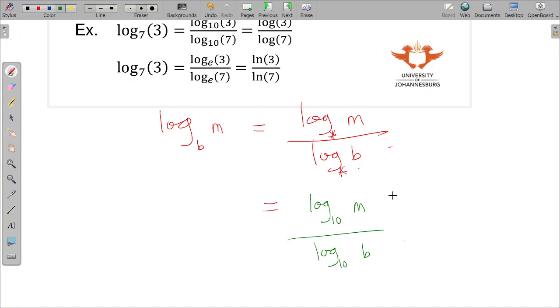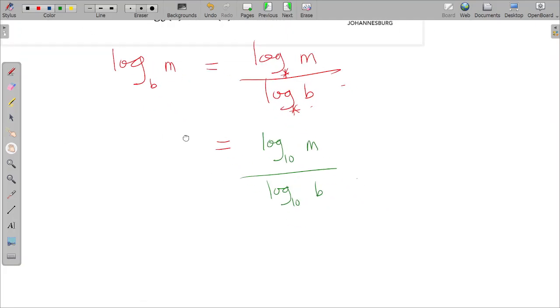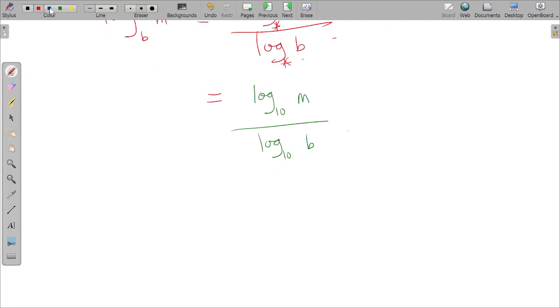That is fine. But if I don't want to use 10, I can also use another base. More importantly, I'm interested in using base e. Don't forget, that is very important to us in mathematics. So if I use base e, I will say log e of m over log e of b.